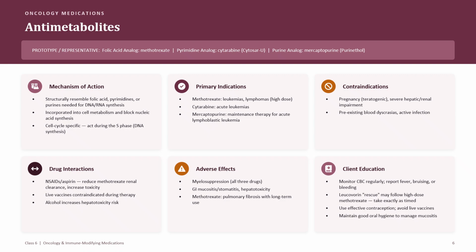And because it's timed to rescue healthy cells after a tumor cell has already been hit, getting the timing wrong, you either don't protect the patient, or it's undoing the chemo's effect entirely. So with this leucovorin medication, timing is not a suggestion here. It's the entire point of the medication.